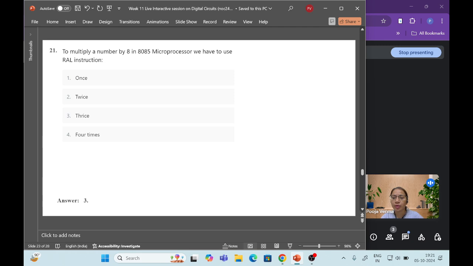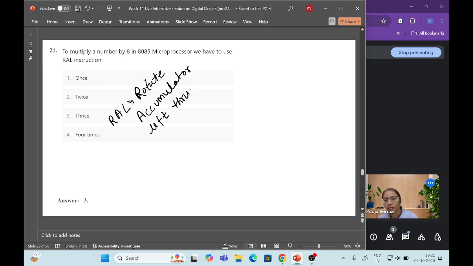So what does the RAL instruction do? It rotates the accumulator left through carry.